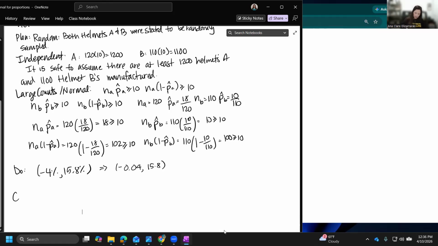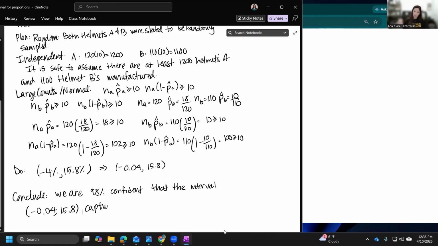Now we're going to make our conclusion. We are, how confident? 98% confident that the interval, what interval? The one we just did. And what does it do? It captures, what does it capture?